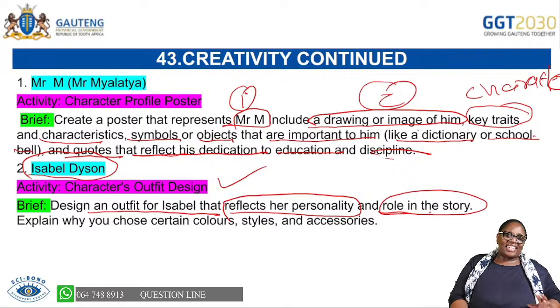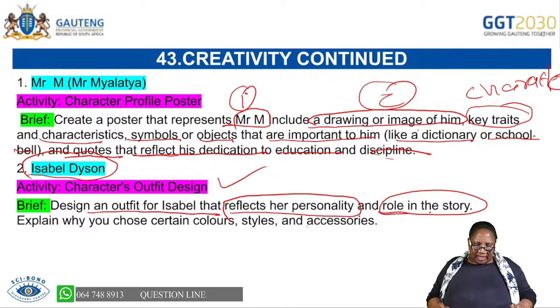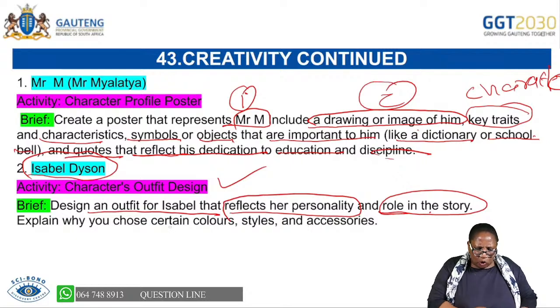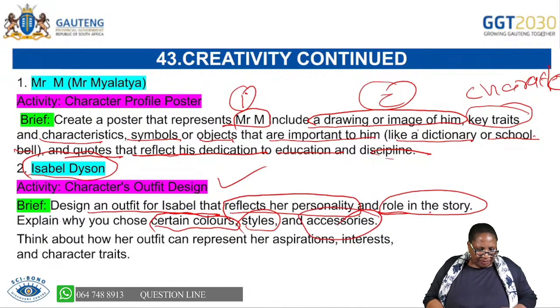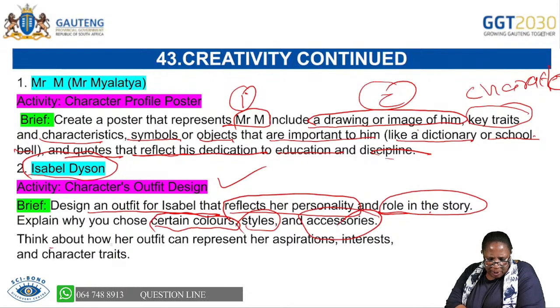That outfit, not dress only, it can be sweatpants, it can be whatever outfit that takes your fancy. Explain why you chose certain colors, styles, and accessories that match Isabel's personality. Think about her outfit that can represent her aspirations, her interests as well, and her character phrase.